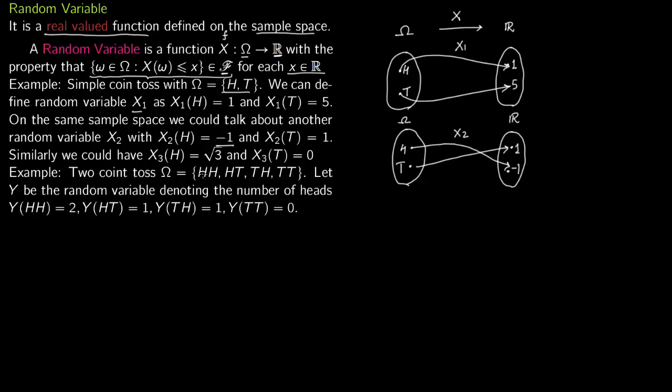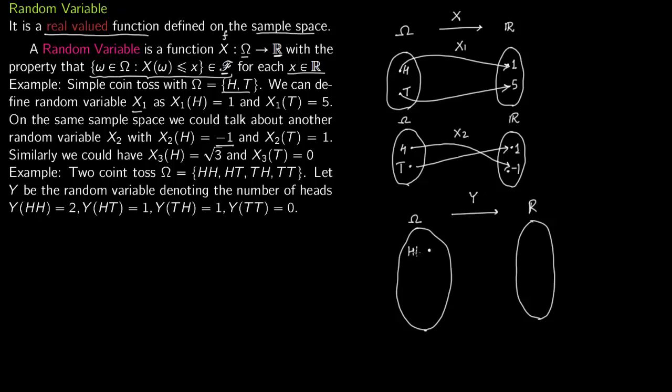Another example, say you have two coin toss: head head, head tail, tail head, and tail tail. Say there is a random variable y which denotes the number of heads. Let us draw this sample space omega, and you will end up in real numbers, and our random variable is y. It counts the number of heads. So you have head head.